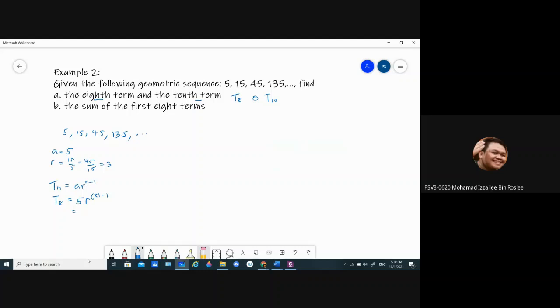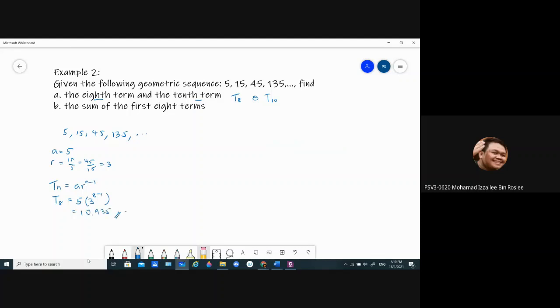So what do we get here? 5 times 3 to the power of 7 is 10,935.